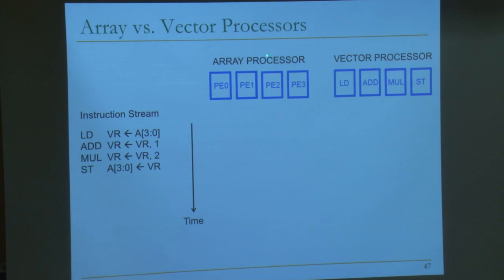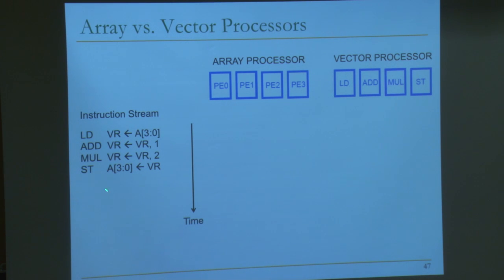And you can see this time-space duality. This is an array processor. You have these processing elements. They're all identical. Basically, you can do 4 of the same operation at the same time. Vector processor, you have these processing elements. They're not identical. Now you see the one difference quickly, right? This is probably less costly, assuming you want to do the same operations, and you do want to do it.